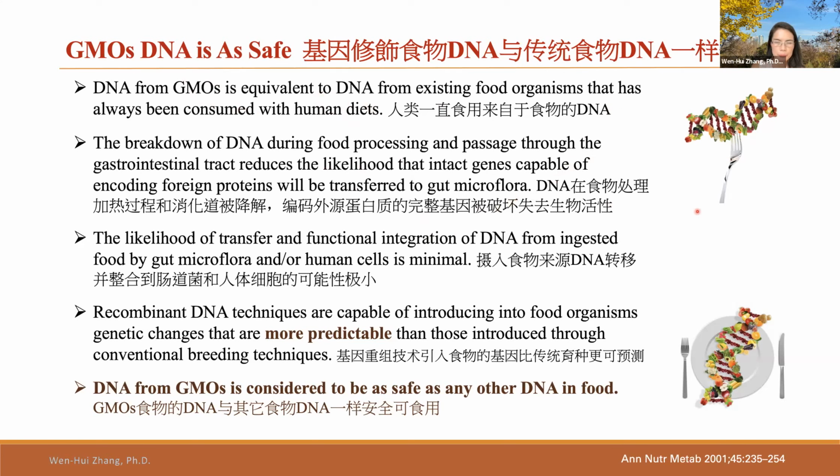And the DNA will be degraded in food processing and in the digestive tract. So it cannot encode protein. In the GMO food, what's inserted is a foreign DNA, but what has the effect or impact is the protein encoded by the DNA.